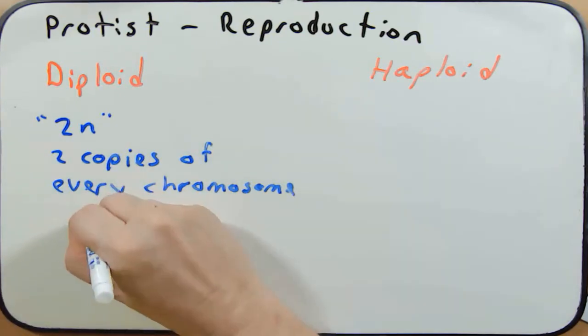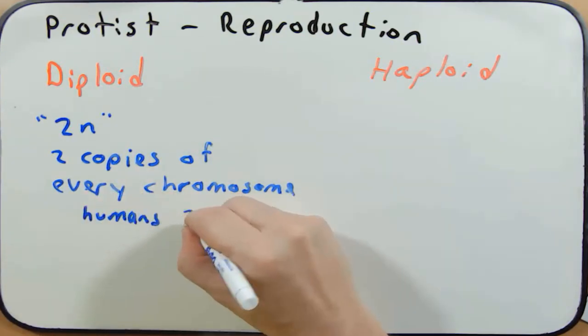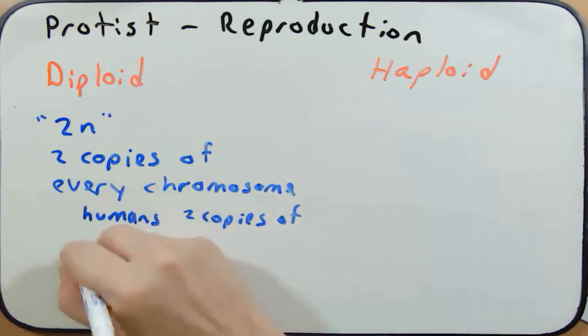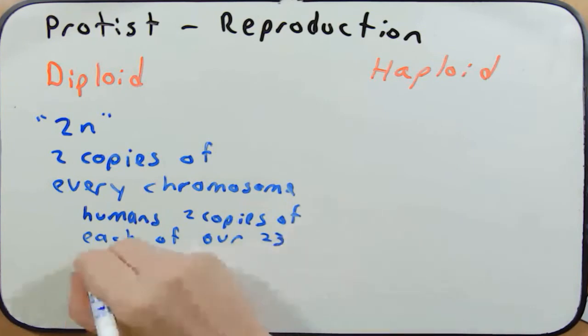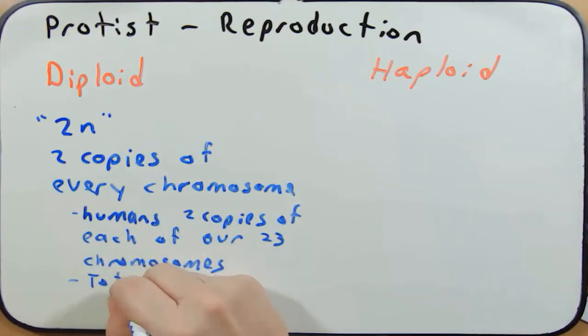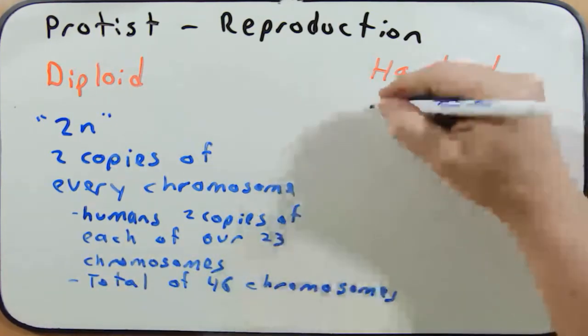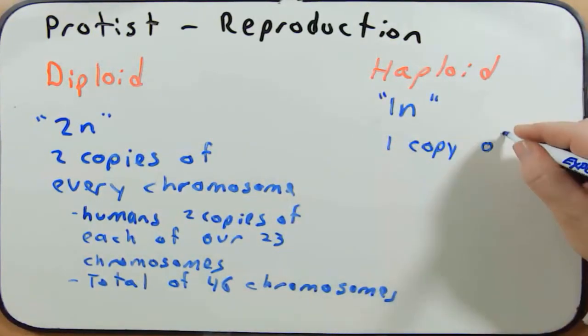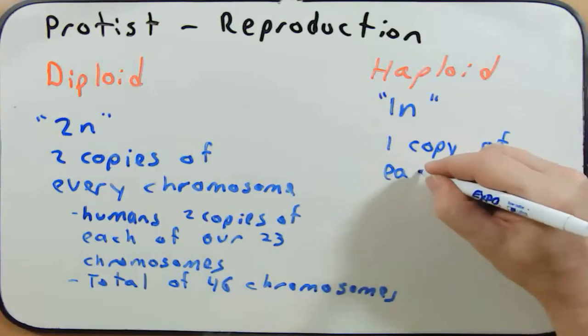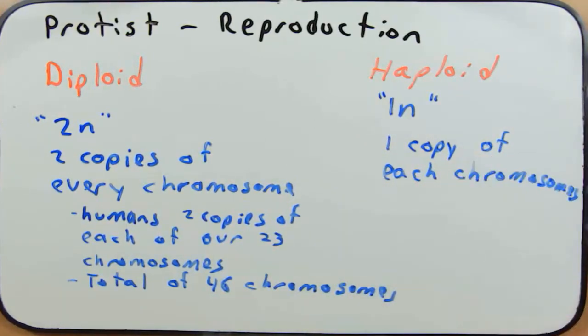So in humans, just to give you a frame of reference, we have 2 copies of each of our 23 chromosomes, for a total of 46 chromosomes. Haploid cells we refer to as 1N, because it's just 1 copy of each chromosome. So to give you that same reference for humans, haploid cells are only our sex cells, only our egg and sperm.